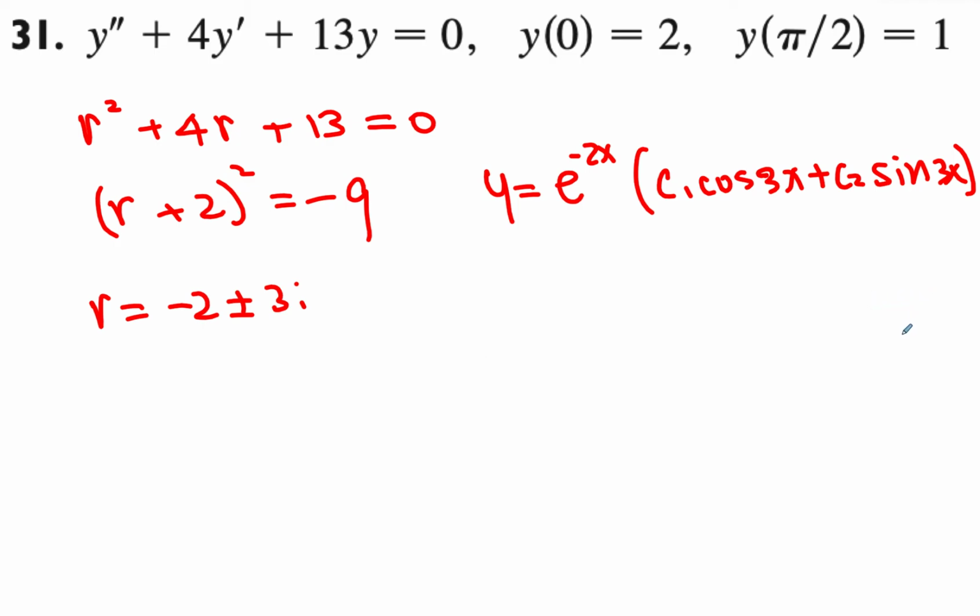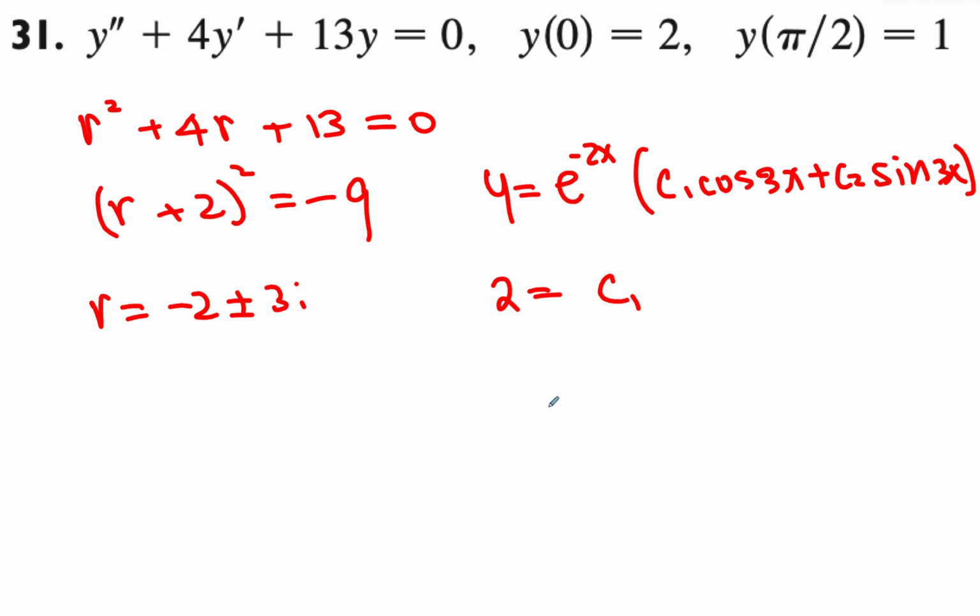So now when I plug in 0, I should be getting 2. So 2 equals 1 times cosine of 0, which is 1, so we have c sub 1 left. Sine of 0 is 0, so c sub 1 is equal to 2.